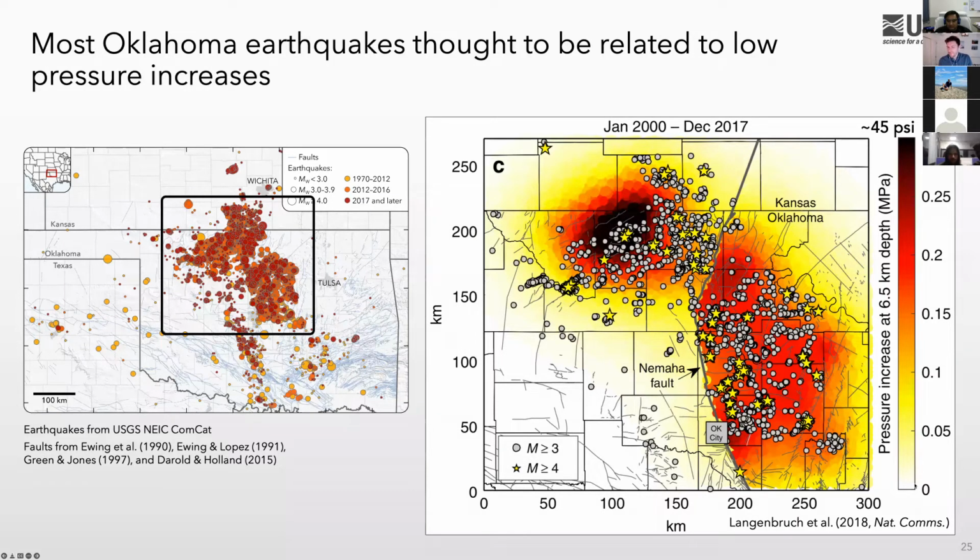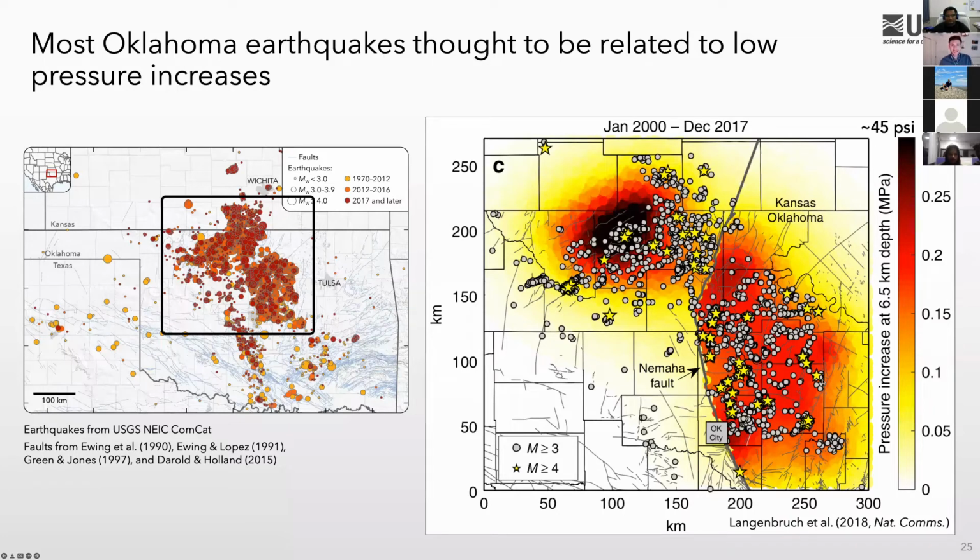So we're seeing pressure increases in the black areas up to about 0.3 megapascals, which is really not a large increase in pore pressure for 6.5 kilometers depth. But I'll note that these are very simplistic modeling exercises. They're not accounting for things like faults being more conductive to fluids than the bulk earth, which will be less conductive to fluids, and so on.